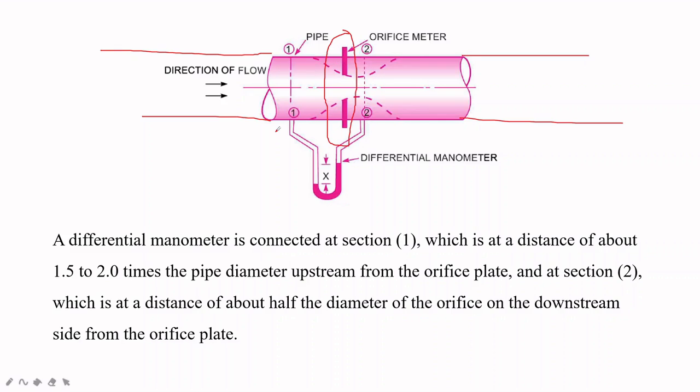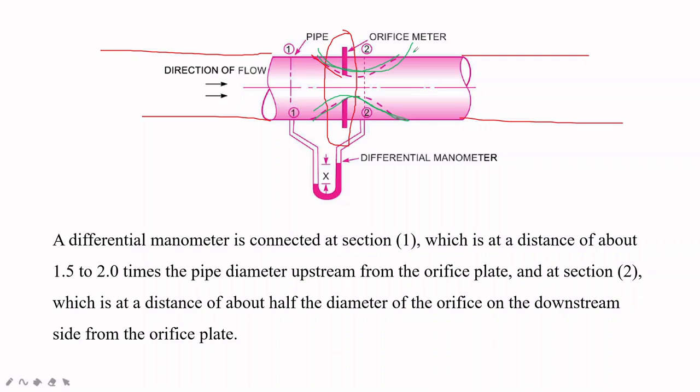So this is section 1 and this is section 2. Due to this orifice meter, the flow will be like this. I'll take a different color. See, the flow will be like this, some vena contracta occurs due to the orifice meter.